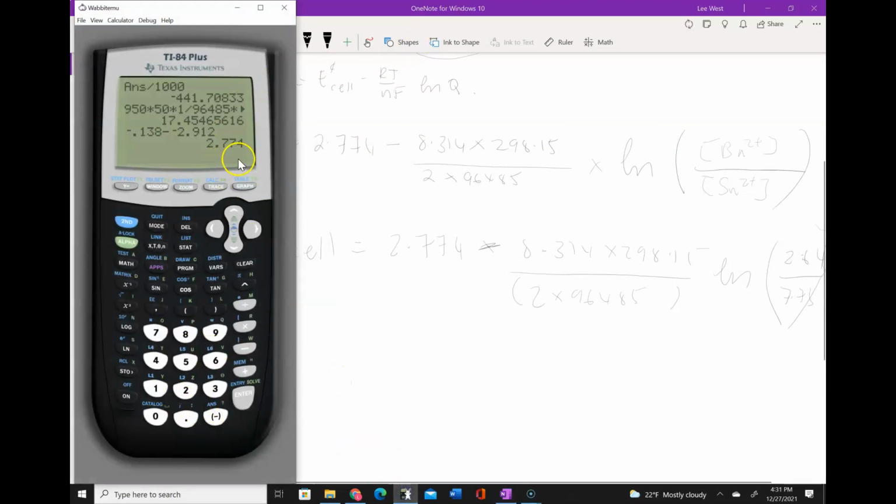So 2.774 minus 8.314 times 298.15 divided by parentheses 2 times 96485 times log 2.64 on 7.7.